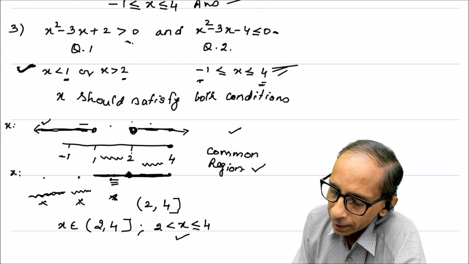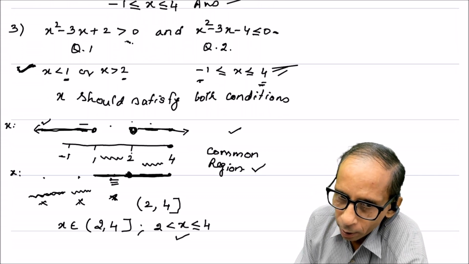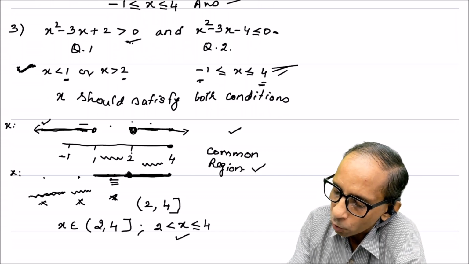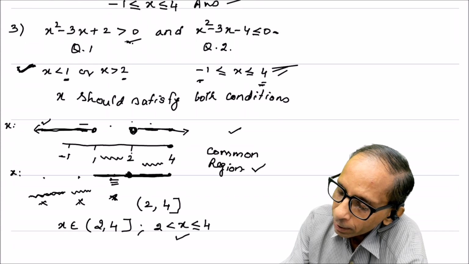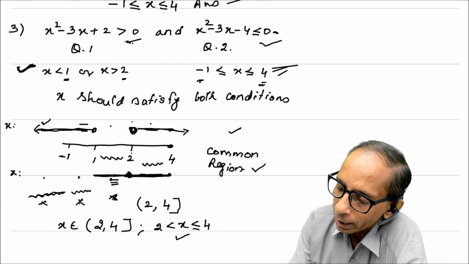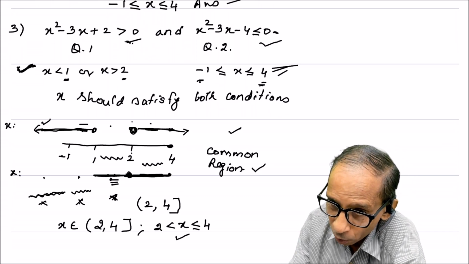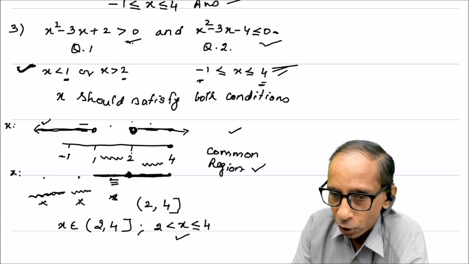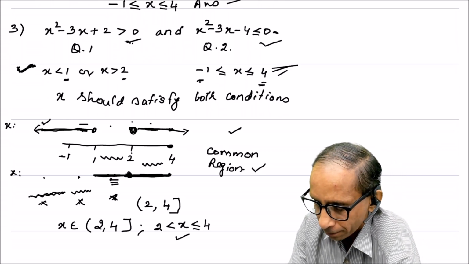What we see is that if we are given one quadratic inequality alone, then we have solved it. If we are given one quadratic alone, then again this type of thing we have solved. Notice that one is greater than and the other is less than or equal to. The types are different.